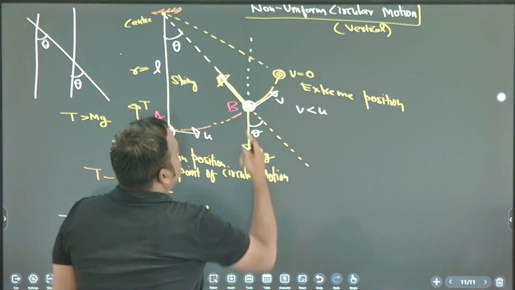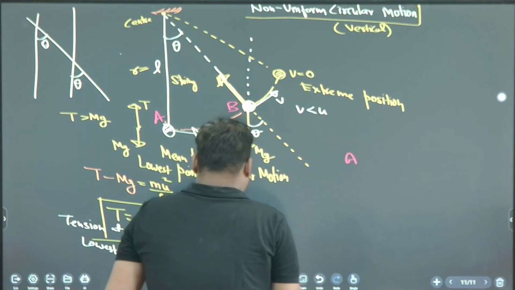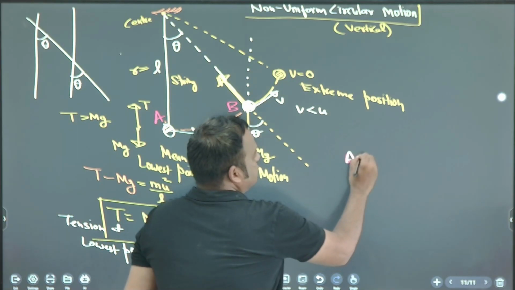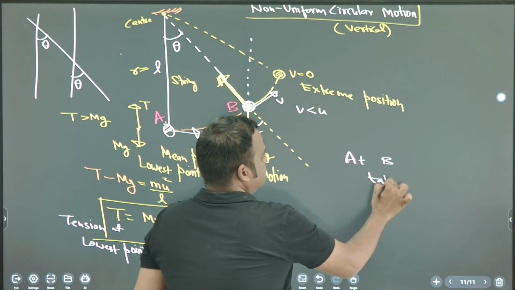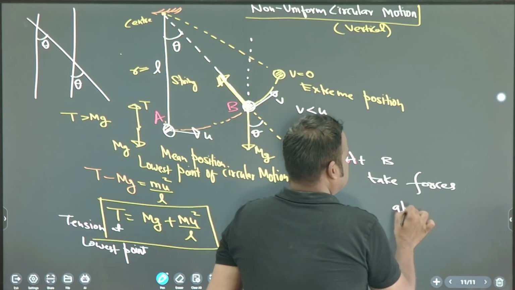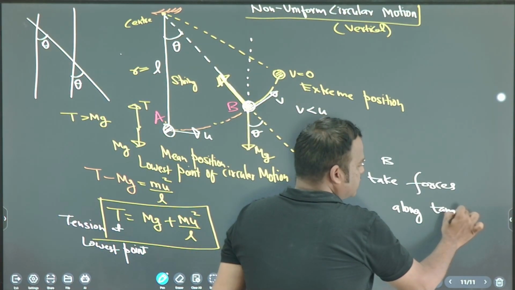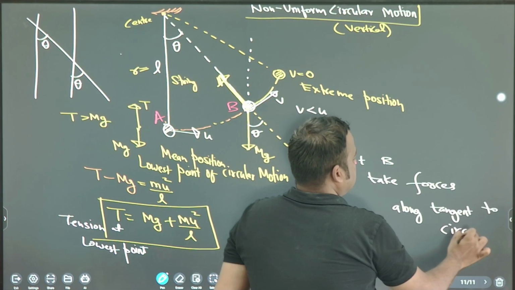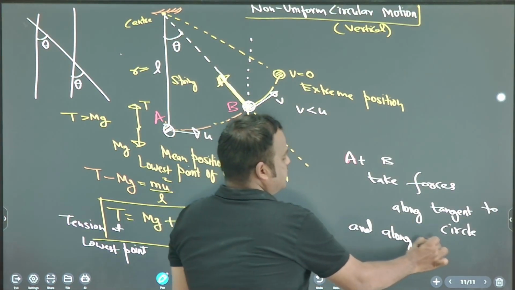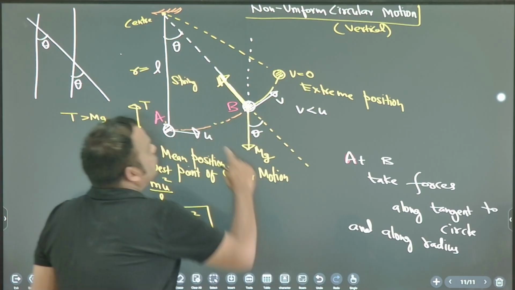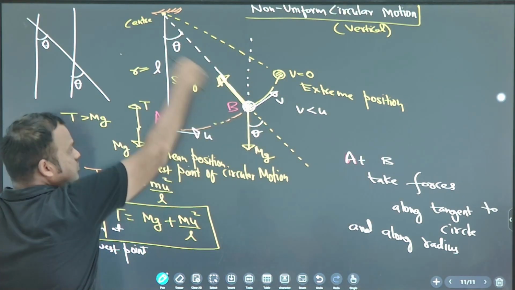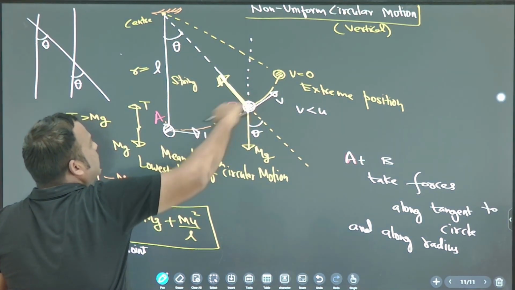Note down at B, take forces along the tangent to the circle and along the radius. For a circle we have only two directions: towards the center and perpendicular to the radius.